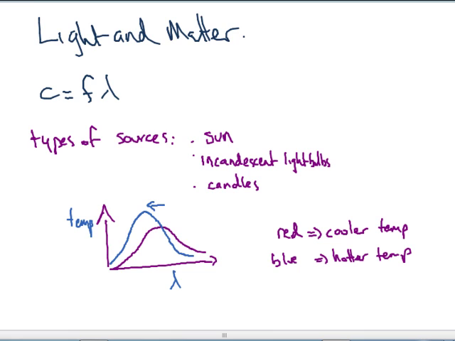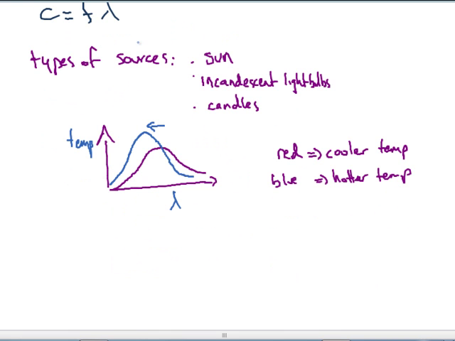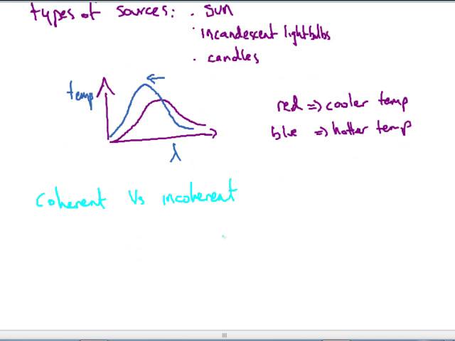Okay, now probably most important to us in terms of light was an understanding of coherent versus incoherent. What we mean by the term coherent is that the light is in phase, so all the wavelengths align, and we're talking about a very similar, if not exactly the same, wavelength.